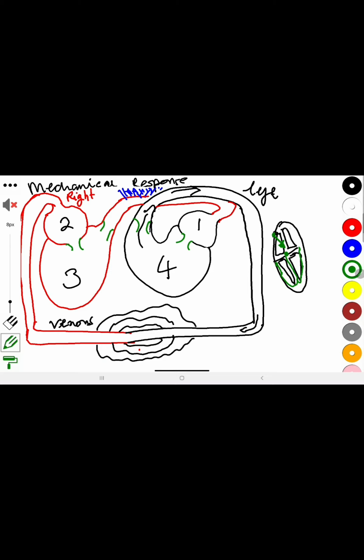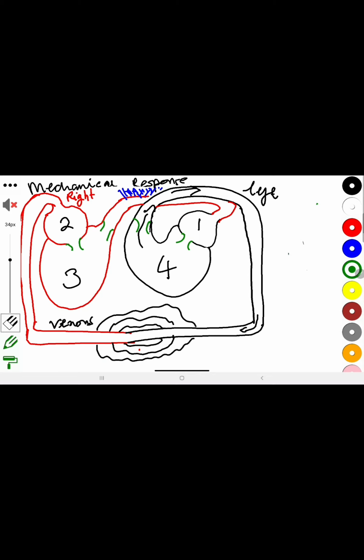How do the atria respond to the first impulse that comes through? Secondly, we're going to look at the response of the ventricular area once it comes to this part of the heart. Basically, that's what we're going to look at, the mechanical responses.